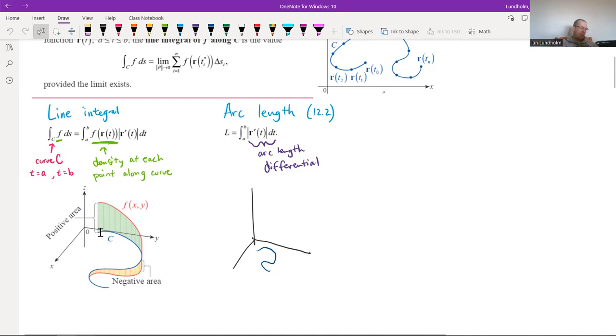So what you would imagine happening is that we're integrating along a curve. In this case, the curve's in the xy plane, and the height of our function f of xy is giving us the weight of the point at each point on the curve.